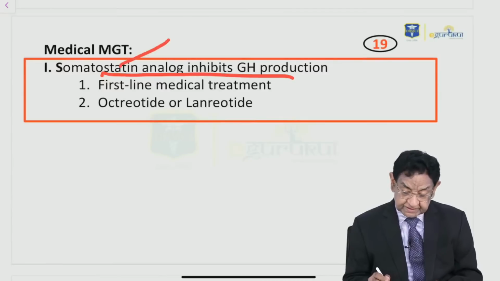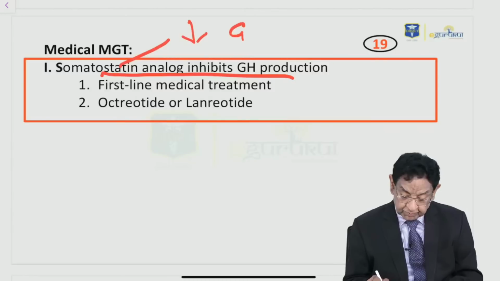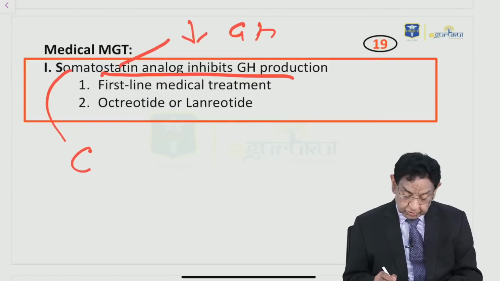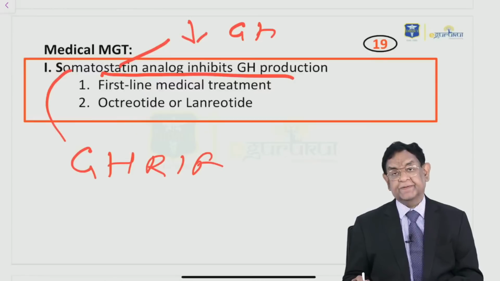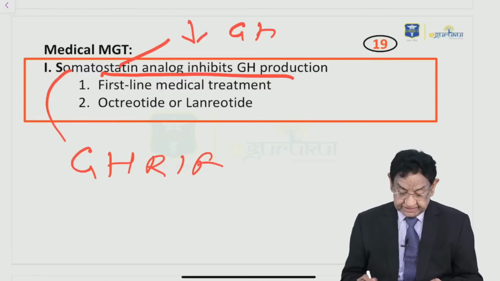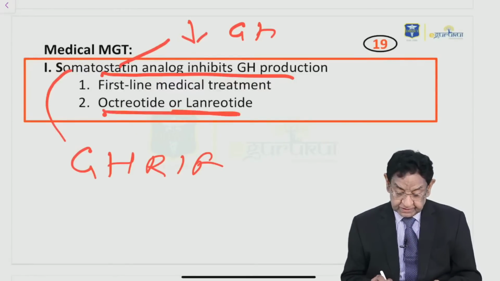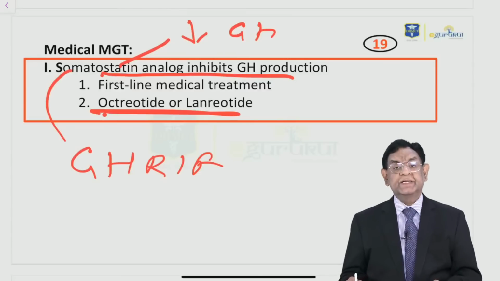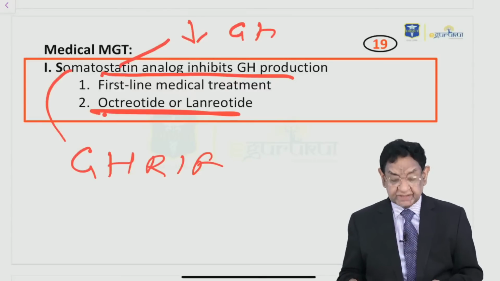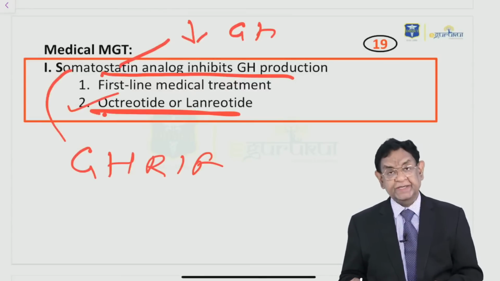What is somatostatin? It is the one which inhibits growth hormone, also known as growth hormone releasing inhibitory factor. The analog is octreotide. So even if surgery is not done, the first line treatment is octreotide.